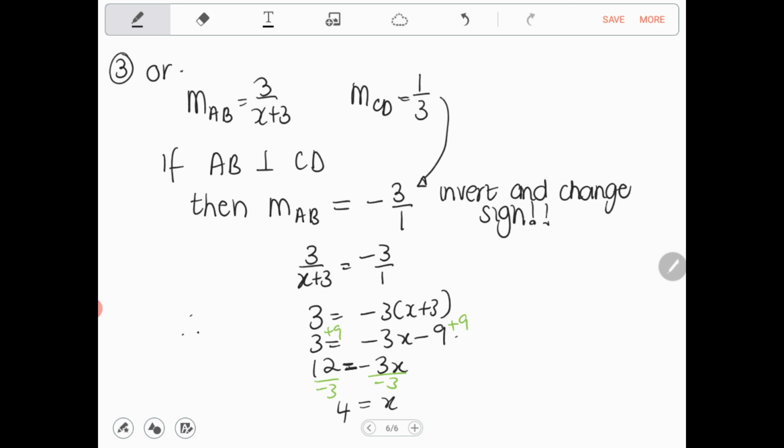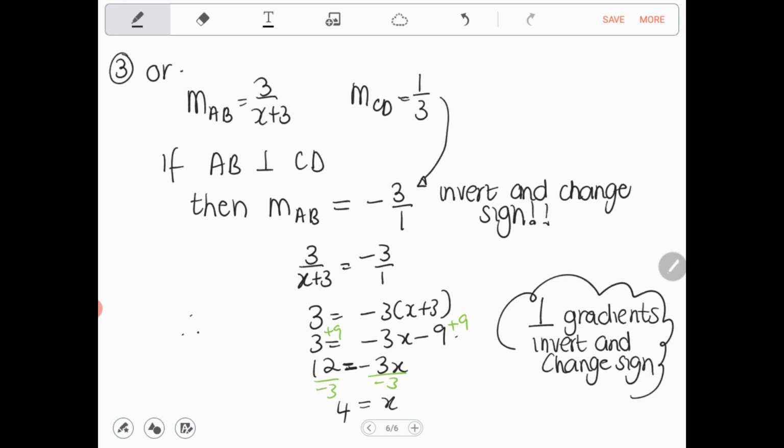So I prefer, instead of having a multiplication and a whole solve thing, to do it this way. And I just remember that perpendicular gradients, you're always going to invert and change the sign to get the perpendicular gradient. Okay, flip it, change the sign.